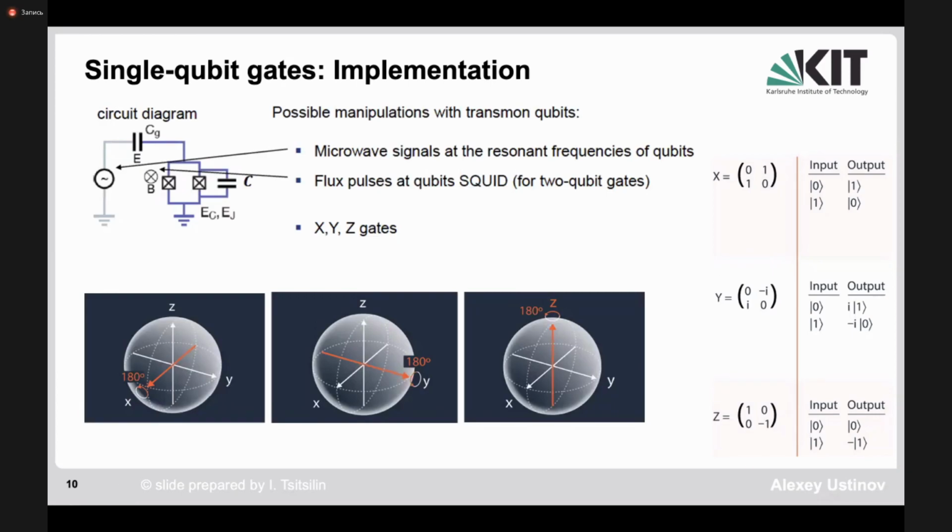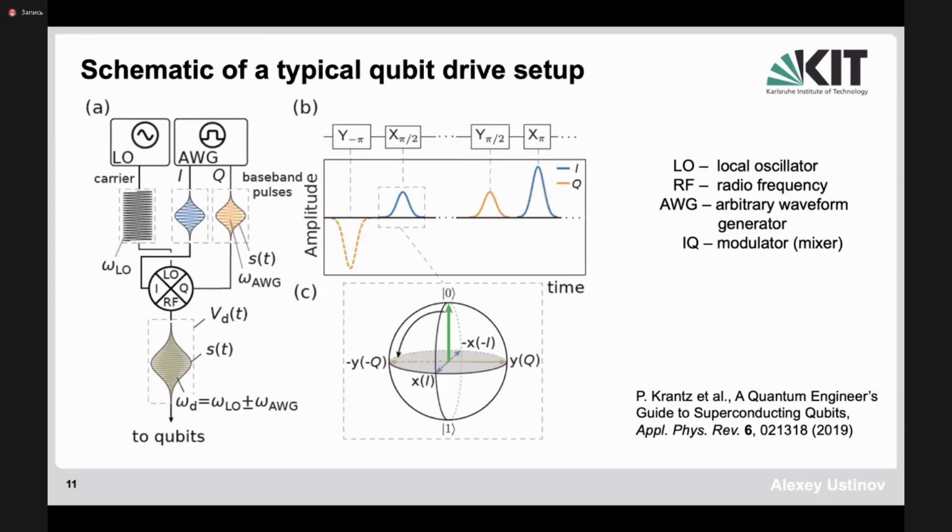So all that we do with transmon qubits is apply microwave signals at the resonance frequency of the qubit, in pulses, being able to change their amplitude and phase. And by doing that, we basically can do arbitrary rotations on the Bloch sphere, which means implementing different single qubit gates.